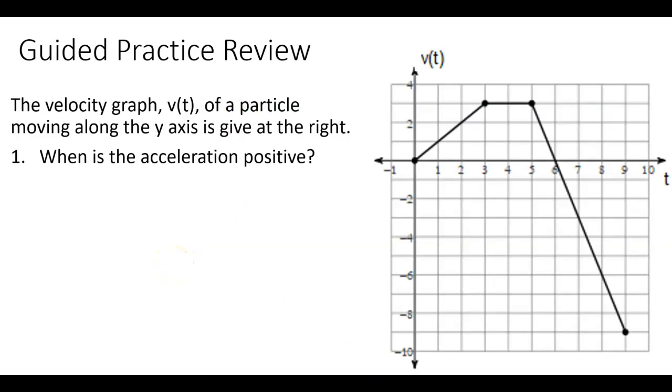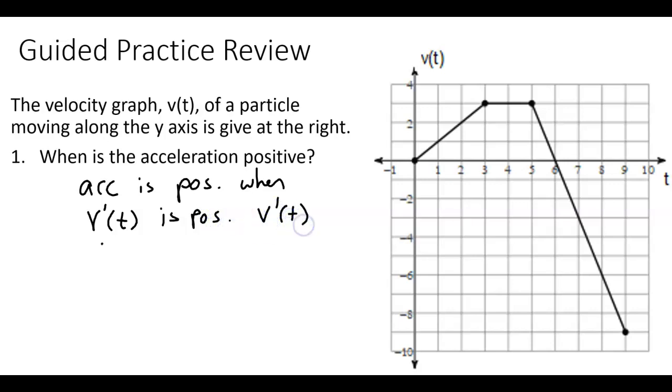All right, so when is the acceleration positive? Acceleration is positive when v prime is positive, because v prime is the acceleration, and v prime is positive anytime our graph has a positive slope.